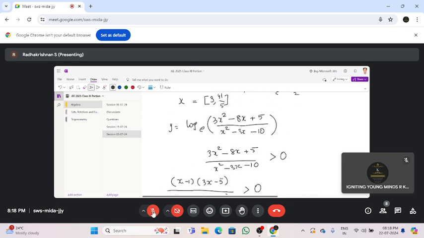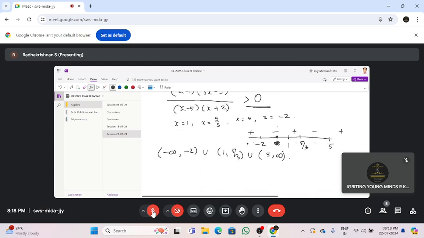So for the first expression, what was this? 3, 41 by 5. Previously we got x as this. Now we are getting x as this.